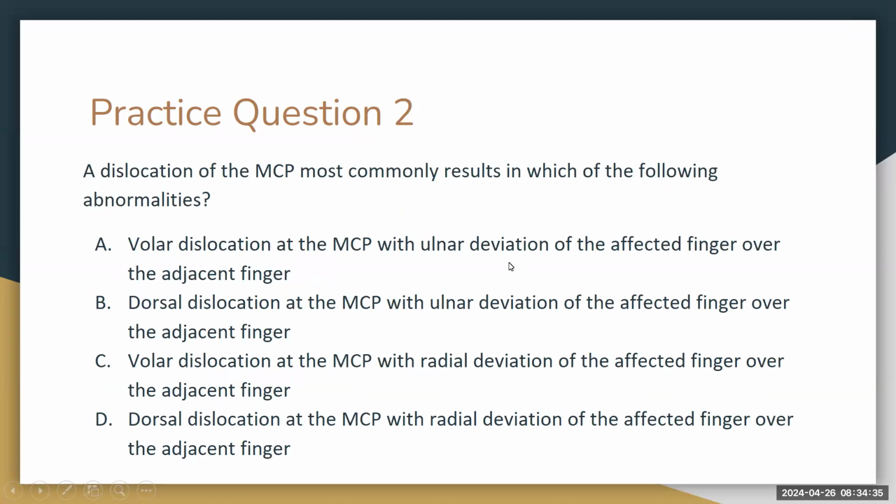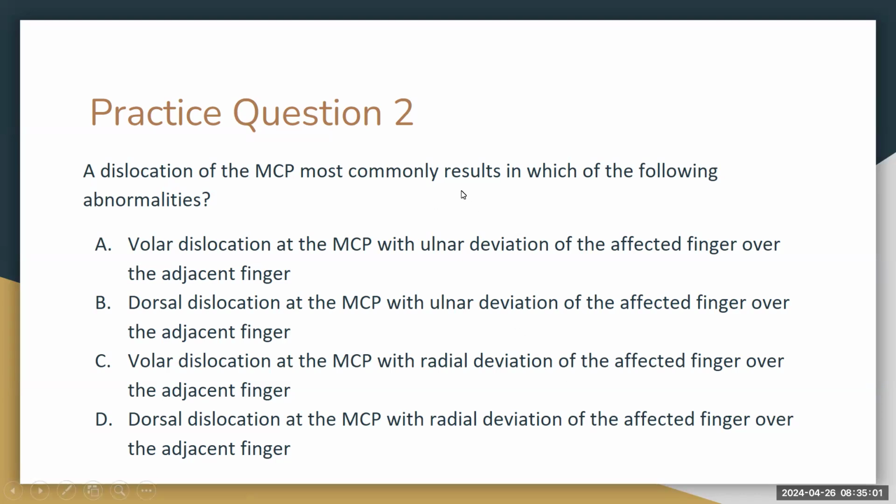And then 2, a dislocation of the MCP most commonly results in which of the following abnormalities? Volar dislocation of the MCP with ulnar deviation of the affected finger over the adjacent, a dorsal dislocation at the MCP with ulnar deviation of the affected finger, volar dislocation at the MCP with a radial deviation, a dorsal dislocation of the MCP with radial deviation.